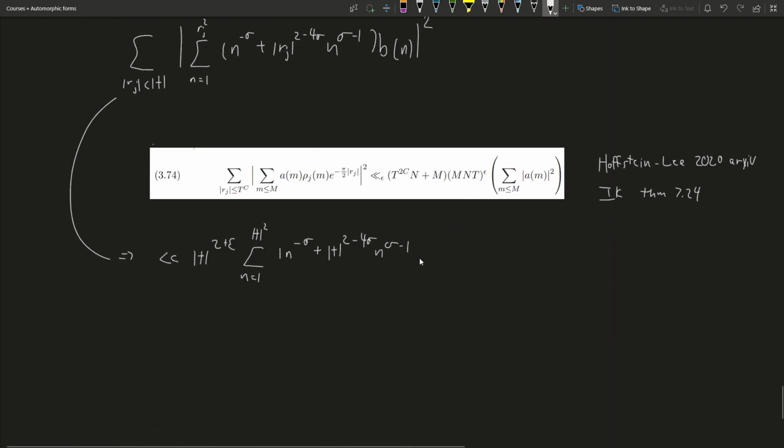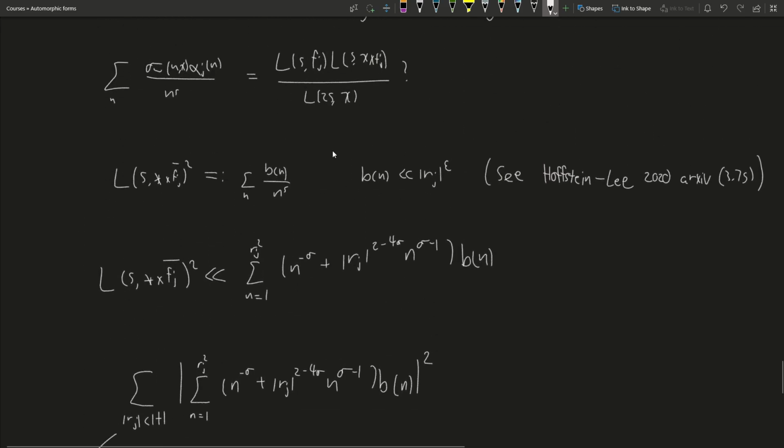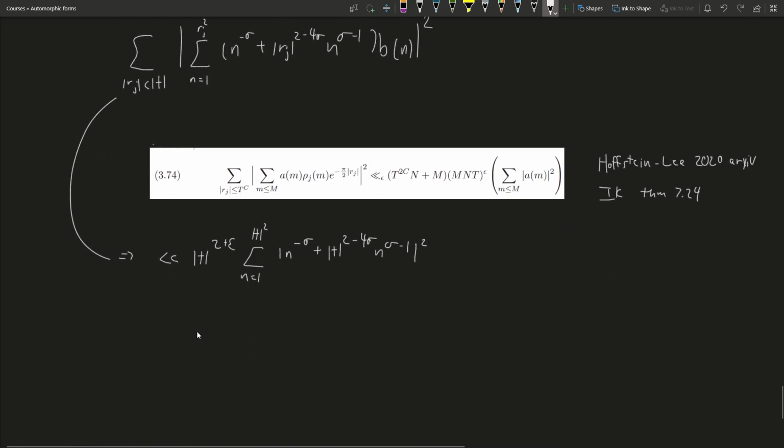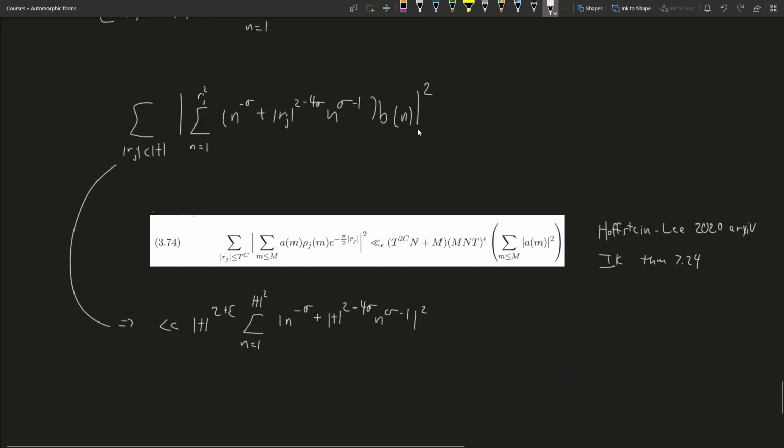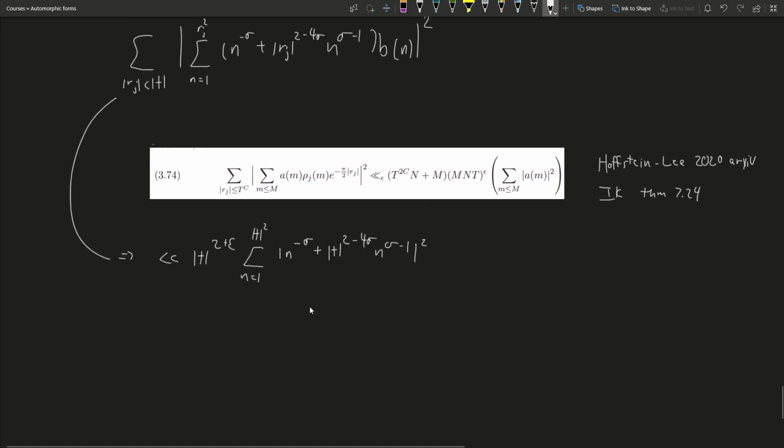So it's this quantity squared, and then we have this b that's floating around, but we said previously that this is rj to the epsilon, and we already have a t to the epsilon here, so I'm just going to omit this b here. And now going term by term, let's look at just this first term squared. This is going to be n to the minus 2 sigma. We sum it, so it's going to be n to the 1 minus 2 sigma.